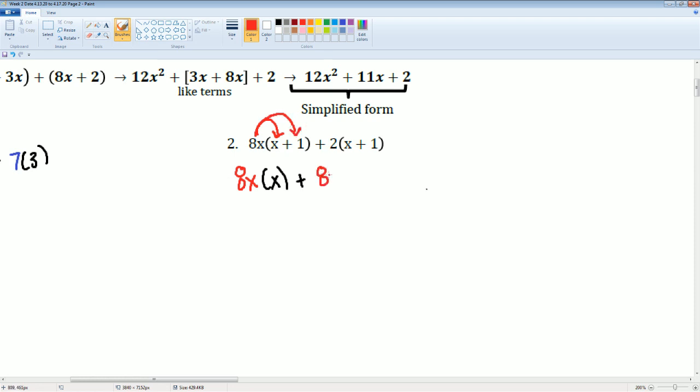Plus the next part, 2 times x, plus 2 times 1. So that's what happens.